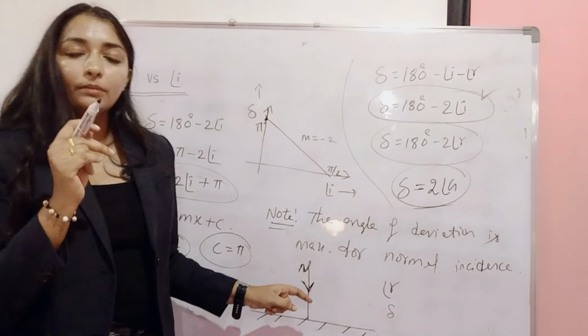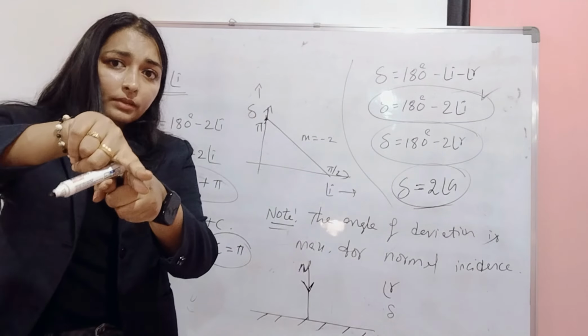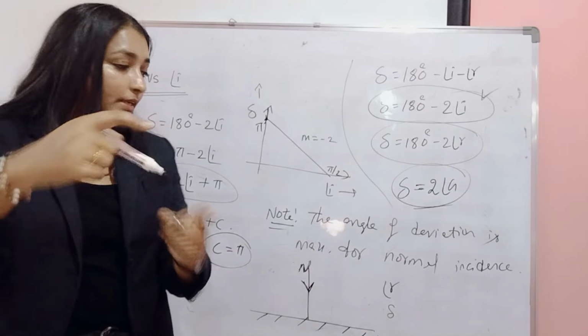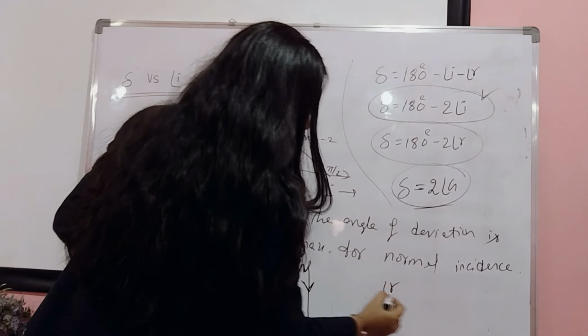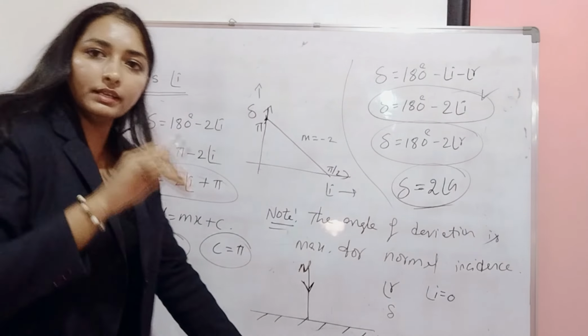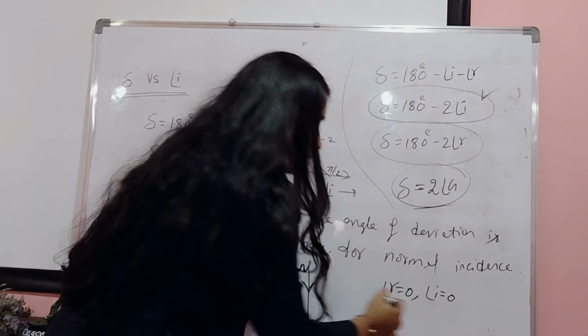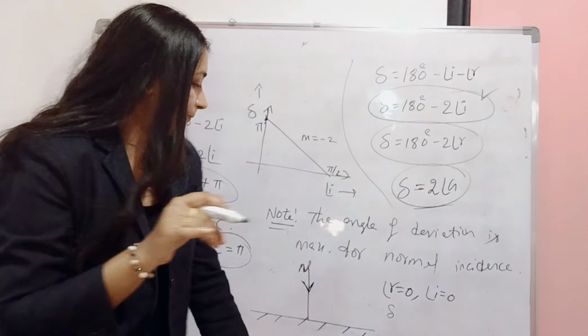So what is the angle between the incident ray and the normal? Both are on the same line. Then the angle between them will be 0. So angle I is 0. If angle I is 0, angular is also 0, right? Because angle I is equal to angular.